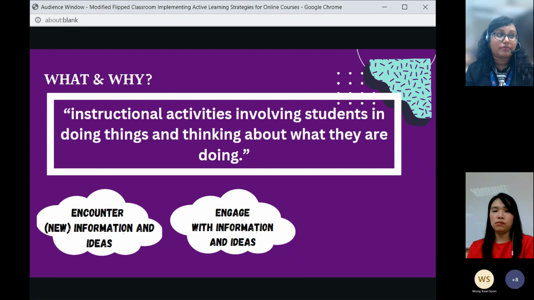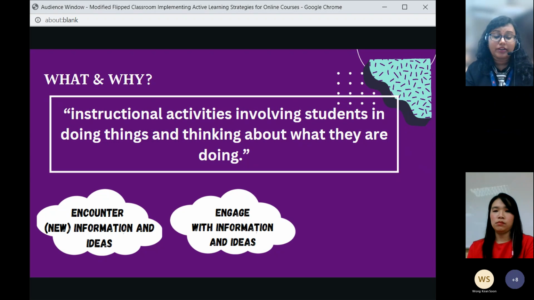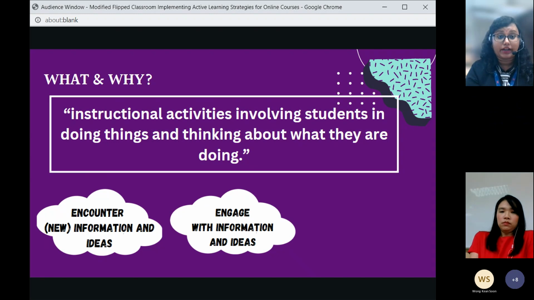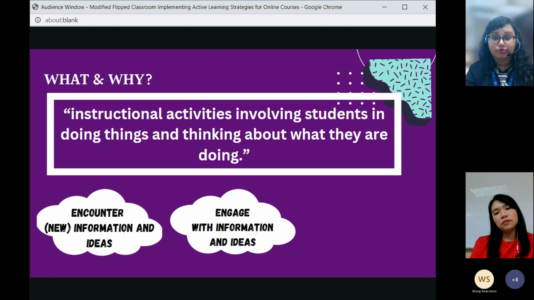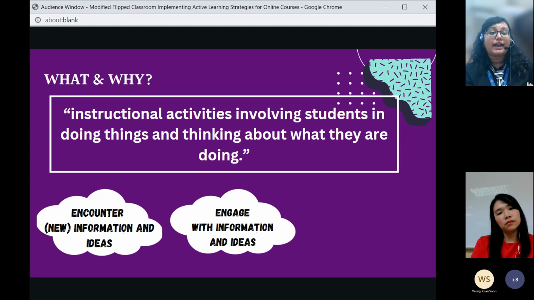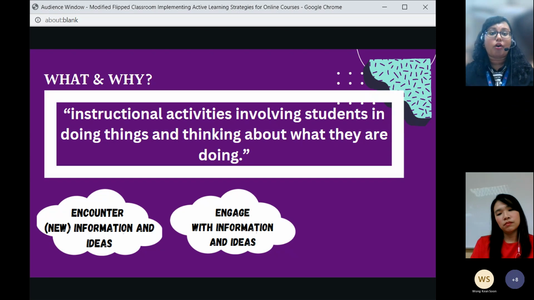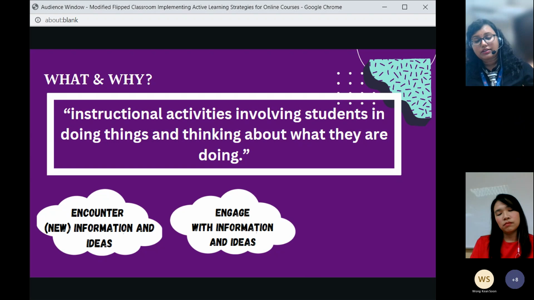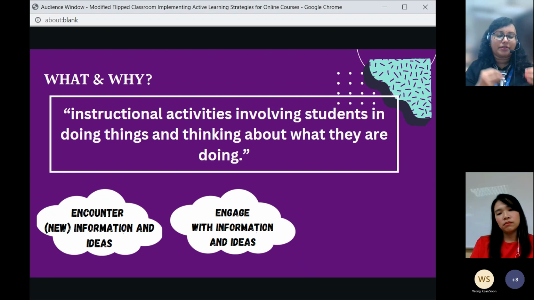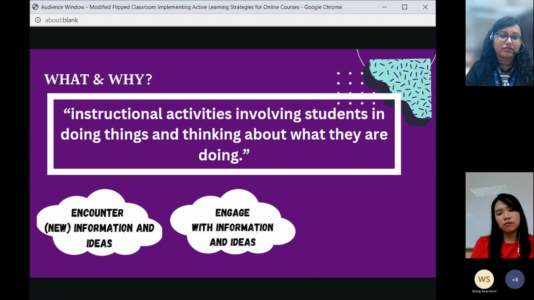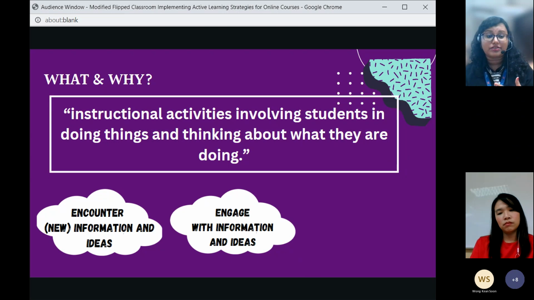In online, I'm sure most of you are already aware, in Teams or Zoom or Google Meet and all, right? You have breakout rooms. In these breakout rooms, they get to be in their group and discuss. They don't have to be shy that all the other students are watching. They will be in their separate rooms, and of course they can engage in the particular task and provide their answers using Google Doc or Canva or Jamboard, all these applications.